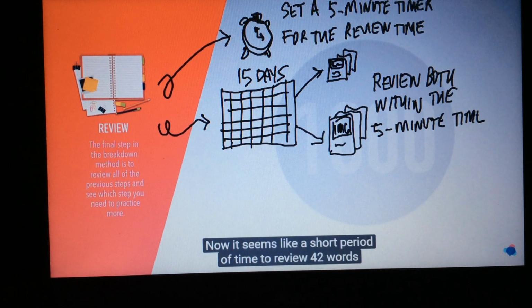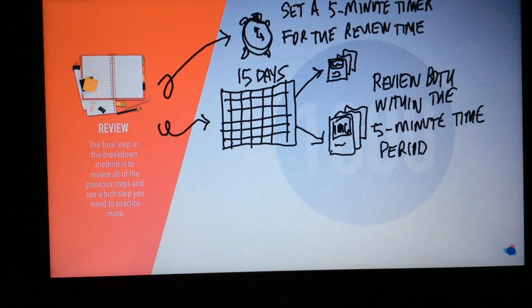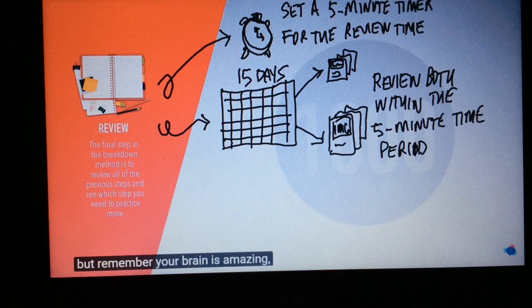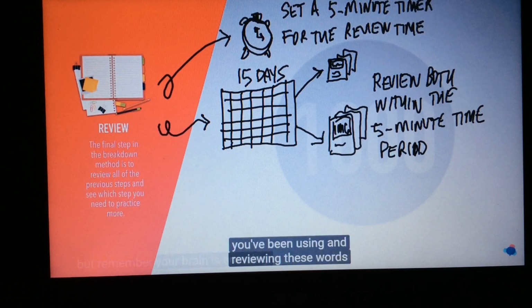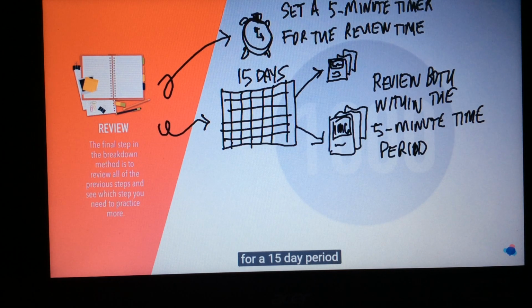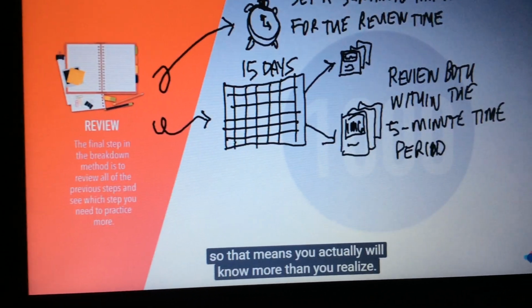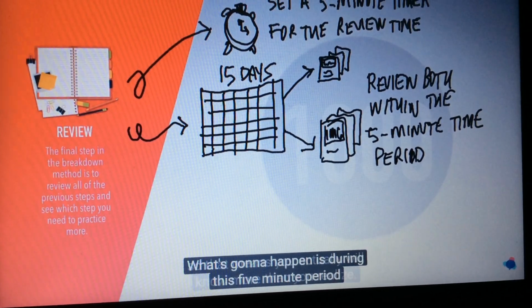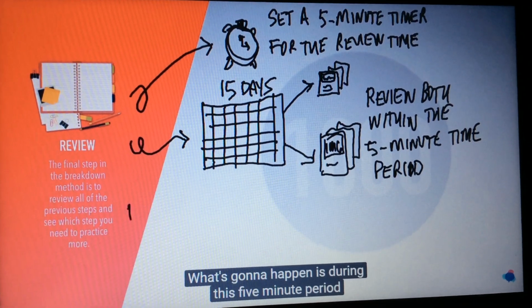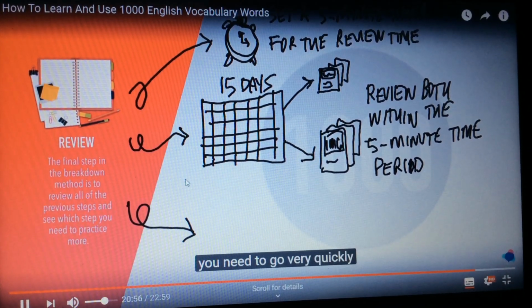Now it seems like a short period of time to review 42 words, but remember, your brain is amazing. You've been using and reviewing these words for a 15-day period. So that means you actually will know more than you realize. But what's going to happen is, during this 5-minute period, you need to go very quickly.